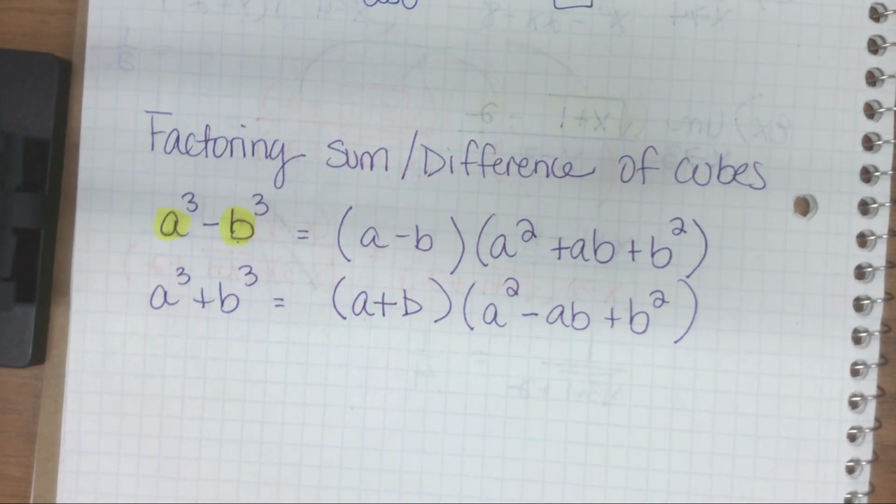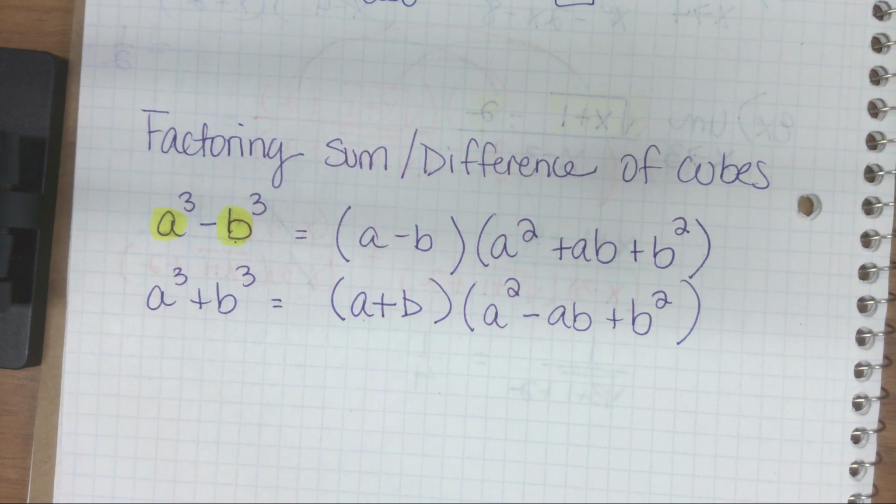What I'm trying to prove is if I did this times this, that I would get that. All right, so what's a times a squared? a cubed. This would be plus a squared b plus ab squared.